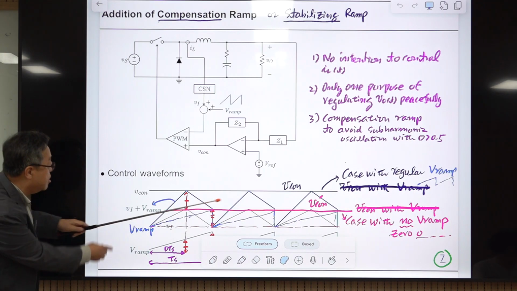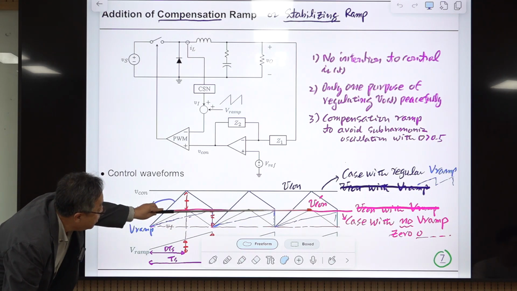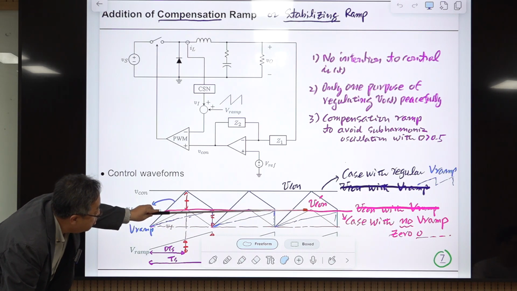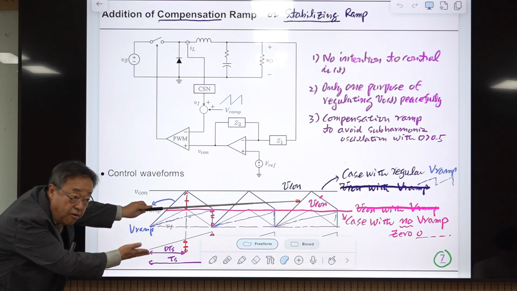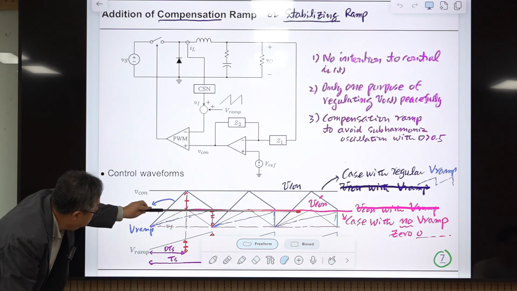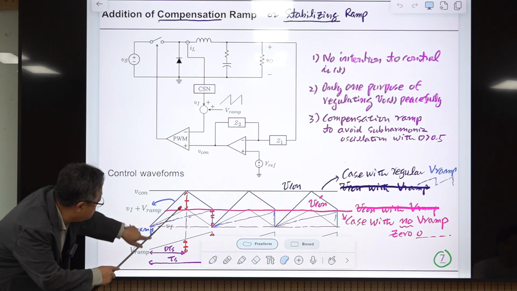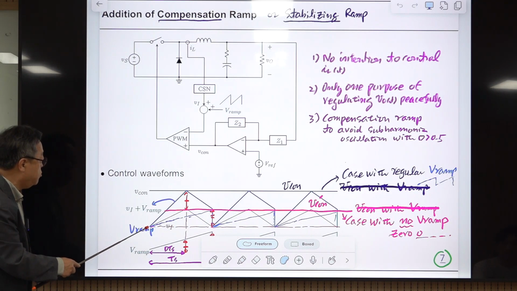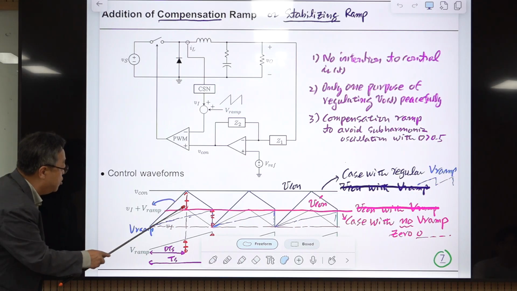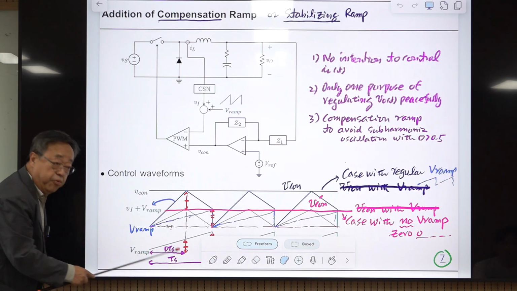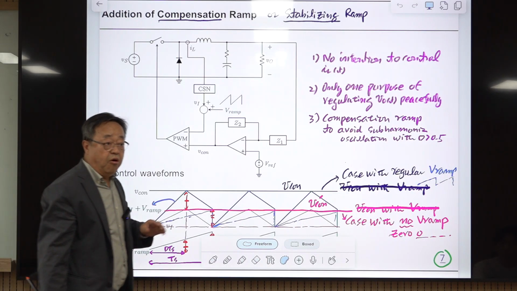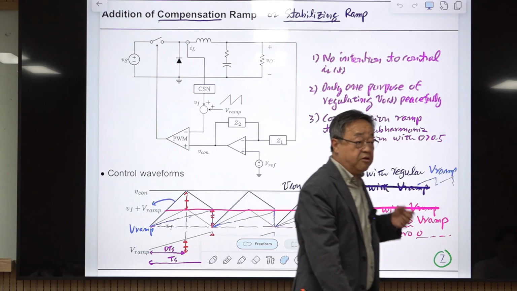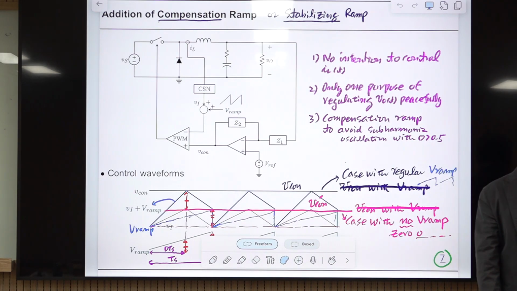So automatically this V con prime, which is the control voltage without employing the external ramp, will be here to make this duty ratio 0.5. In the beginning of the switching period, the switch is turned on. At this moment, the switch is turned off to make the duty ratio 0.5 to regulate our voltage at 5 volt as desired.